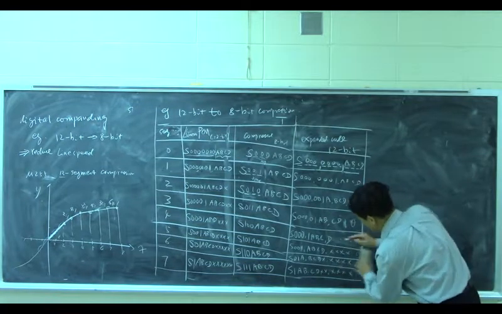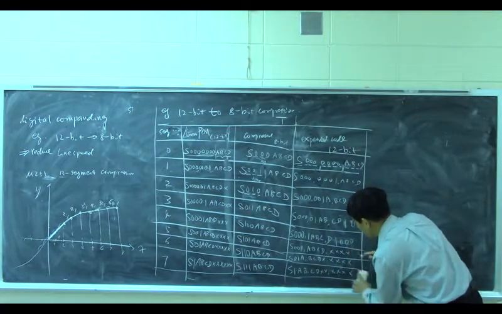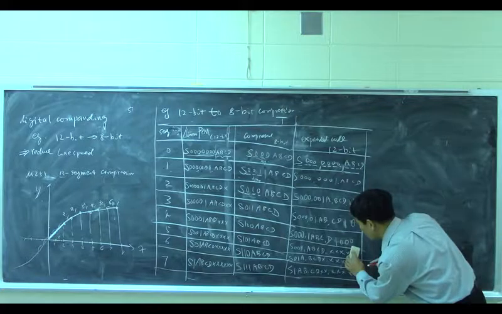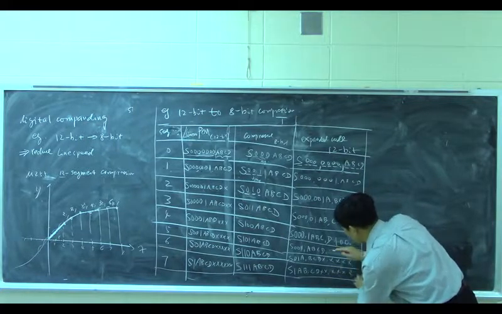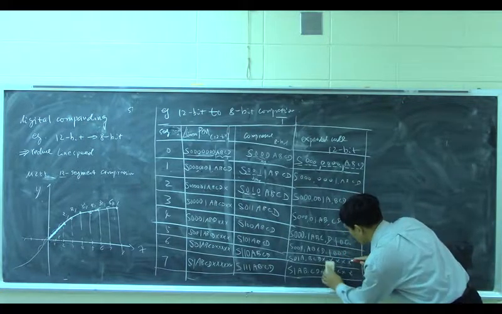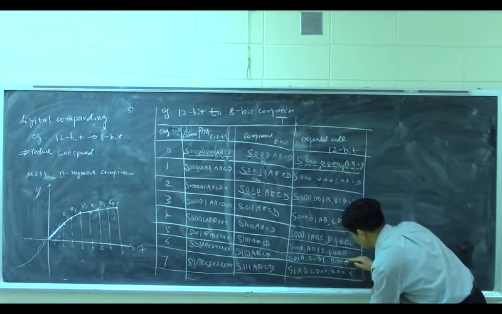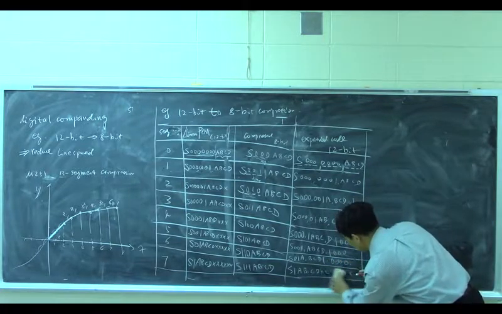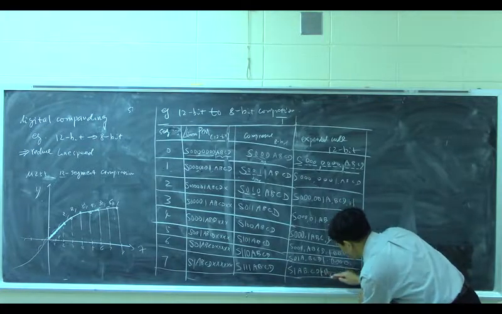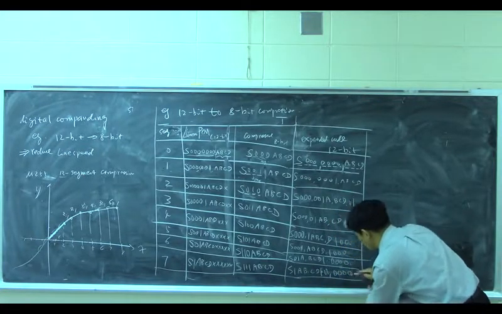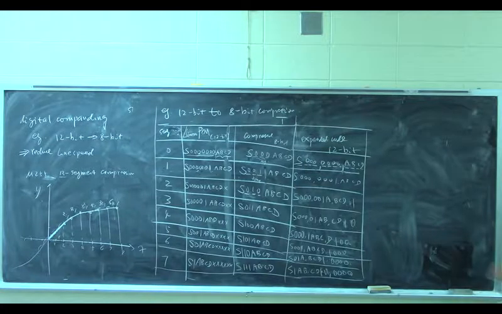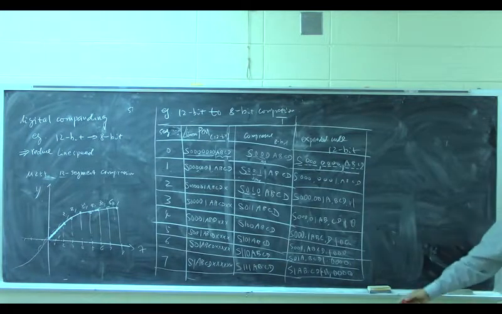So this one will be 1 and 0, 0, 0. Only 1, so this one will be 1, 0, 0, 0. This one will be 1 here and all zeros here. And this one will be 1, 0, 0, 0, 0, 0. Alright, so those are the correct recovered data.